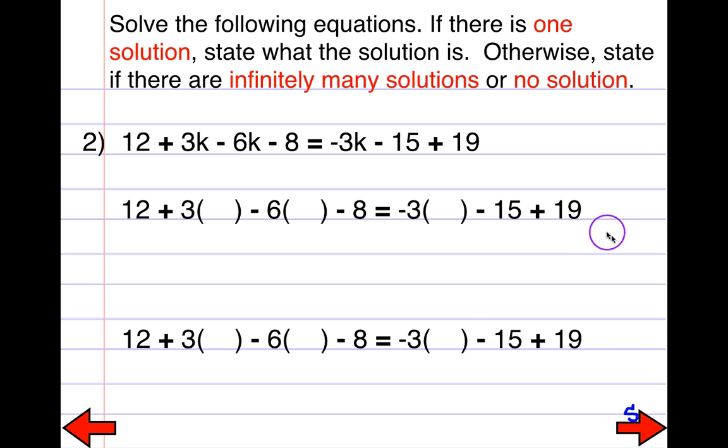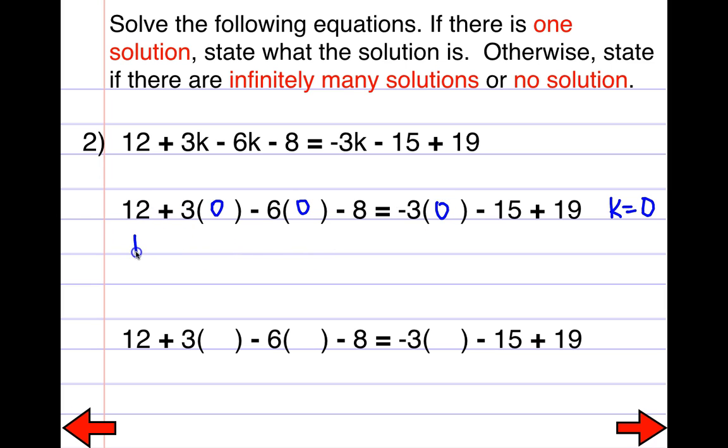So let me prove it to you. Here, what I'm going to do is plug in different values for k to show that there's more than one. And the fact that I can prove that there's more than one means it's definitely not no solution. So here, let's try k equals 0. The reason why I'm choosing 0 is because 0 is easy. So here, I'm going to plug in a 0 for all of my variables.